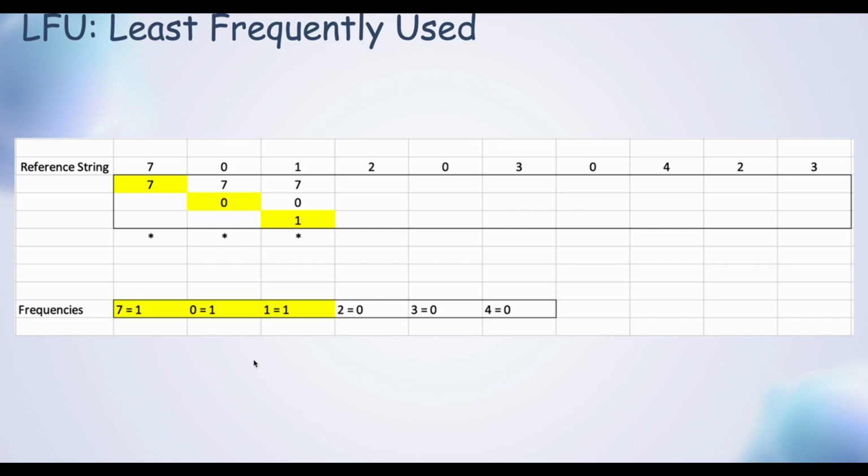In this case, we have 3 numbers with the same frequency, so we have to apply the FIFO algorithm, which is first in first out. So 7 came to the cache first, so it will be replaced by 2 like this.